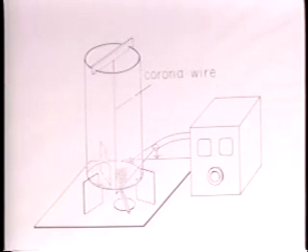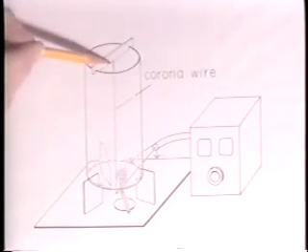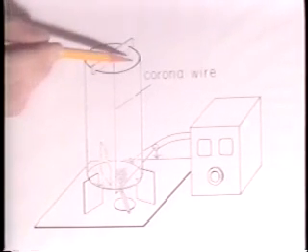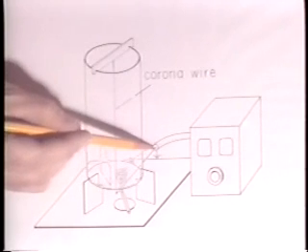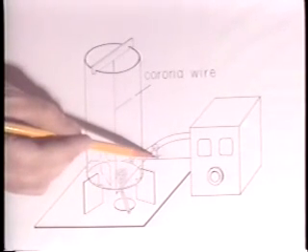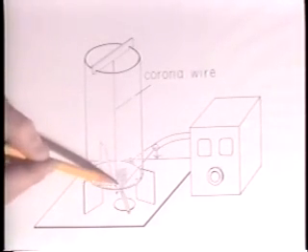The apparatus consists of these coaxial conductors. The outer one is essentially grounded. The inner one, this fine wire, is connected to the high voltage generator.